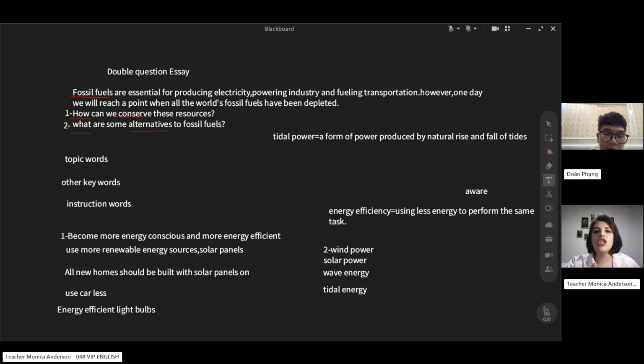Yes, and can you give me an example of adjective and adjective? For adjective and adjective, we normally connect them with and.